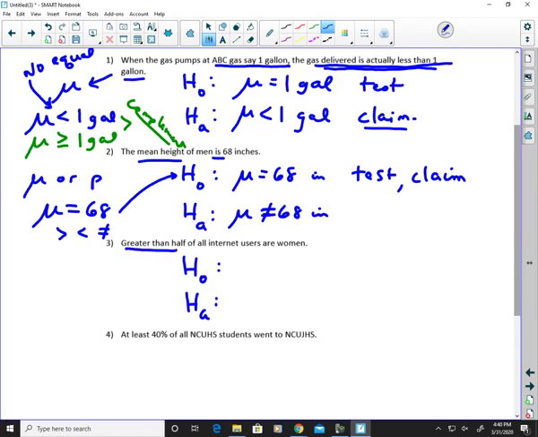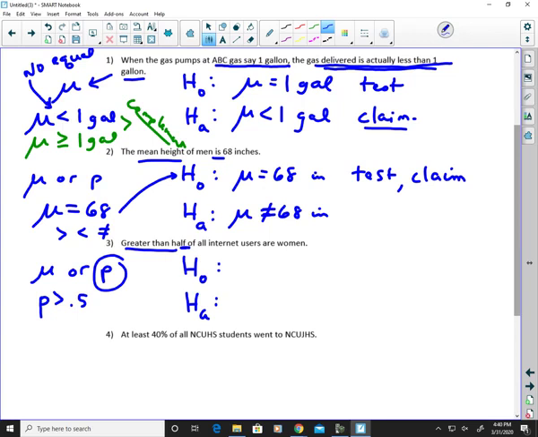Greater than half of internet users are women. Is that a mean or is that a proportion? That is a proportion. The proportion greater than half, 0.5. Do we see an equal sign on that?